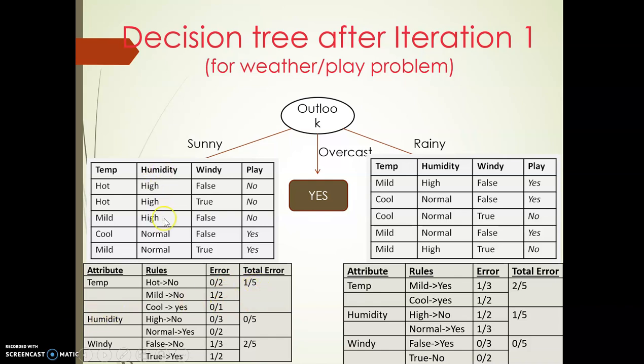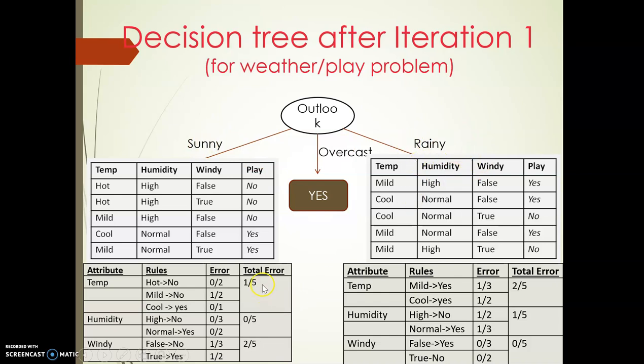So similarly repeat for the next two attributes as well, humidity and windy, where you are going to get these kinds of errors. The same procedure you can continue for the rainy attribute as well, and this is what you are going to get. This is just to decide which are the leaf nodes that are going to come under the sunny attribute and under the rainy attribute.